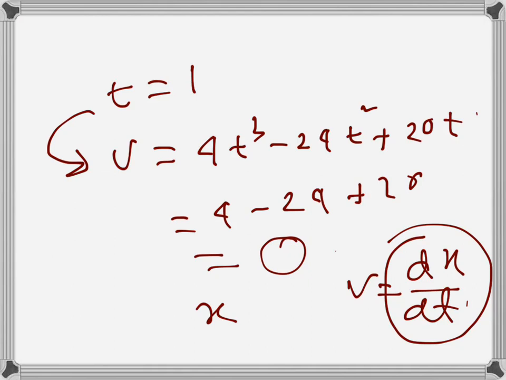So what we should notice here is that when v is equal to 0, the pen is changing direction. So it's going in one direction, at t is equal to 1 the velocity becomes 0, and then it comes back in the other, because the displacement has reached a maximum point or a minimum point.